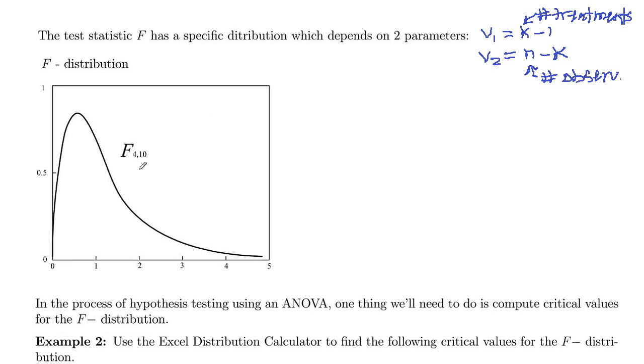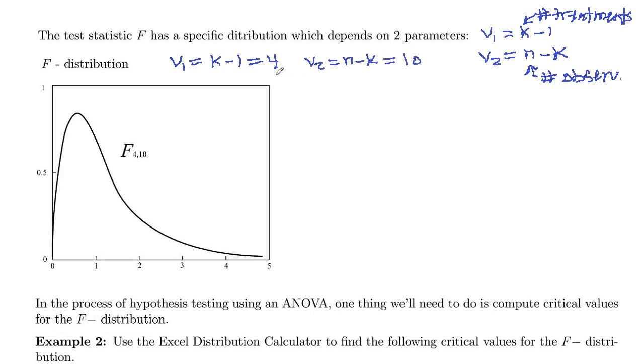So here's a picture of an F distribution with degrees of freedom 4 and 10. That's what these quantities are, degrees of freedom. So that means that our V1 here, which is k minus 1, is equal to 4. So that means 5 groups. And then V2, n minus k, is equal to 10.